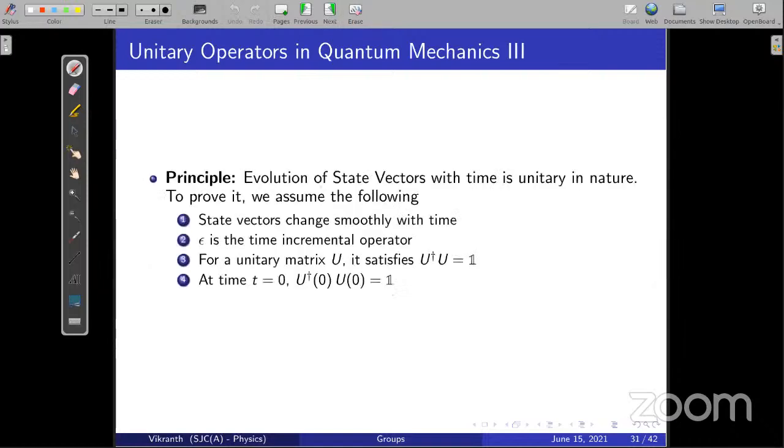But the main principle that we're worried about is the evolution of state vectors, the vectors that define my quantum mechanical system, that define the state of the system. How they evolve with time is unitary in nature. What we mean by that is the whole inner product space structure is conserved, the distance is conserved, it's on a Hilbert space, and so on and so forth.